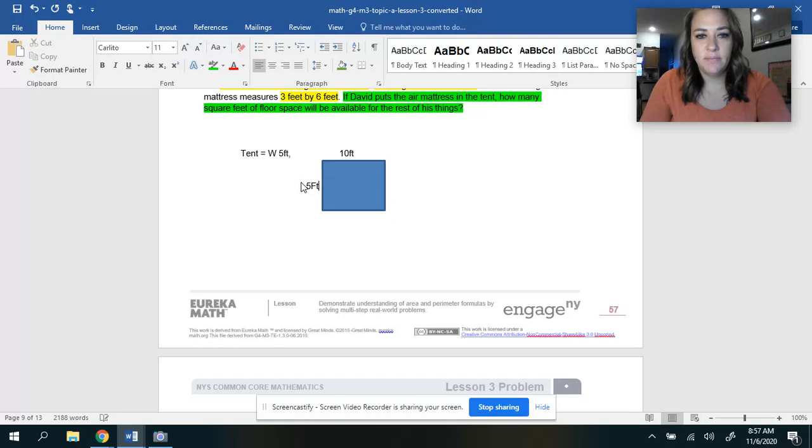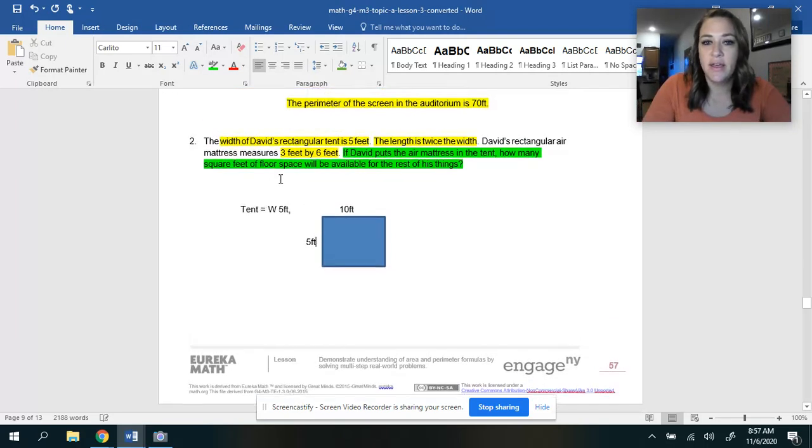5 feet. Okay. So for us to find the area of the tent, we can use our formula. So remember, the formula to find area: area is our length times our width.